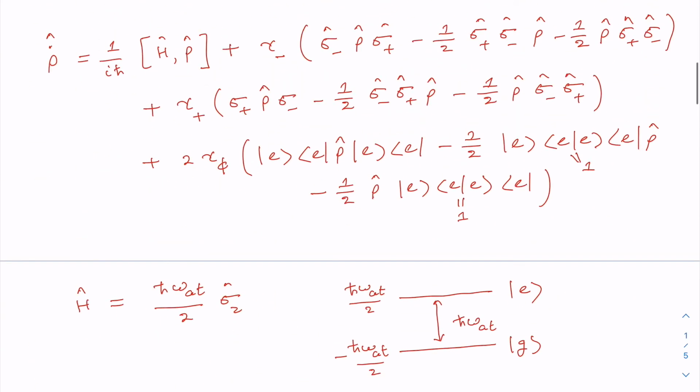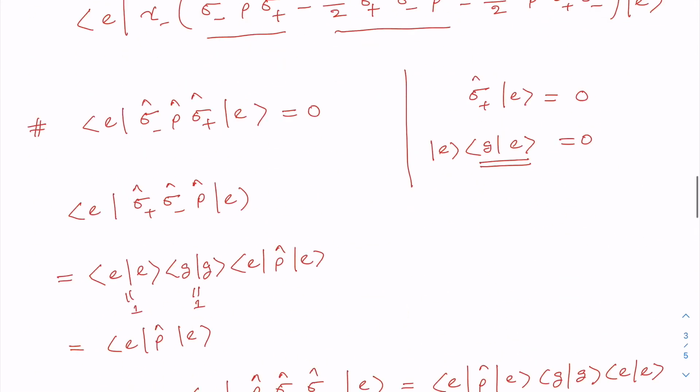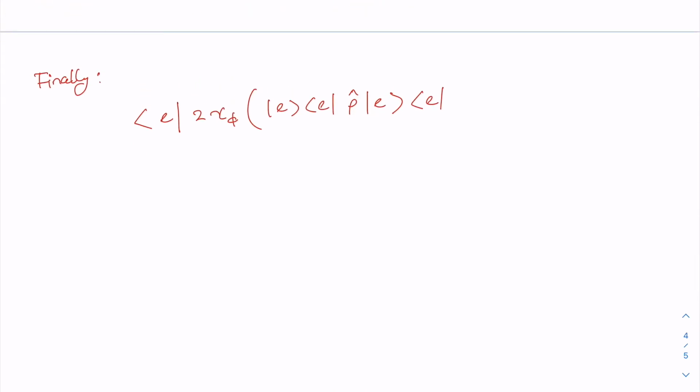As you can see, this is 1, and similarly this is 1, so I can write it very simply: the first term is fine, then we have minus a half E rho, minus half rho E, and the whole thing I have to put E.